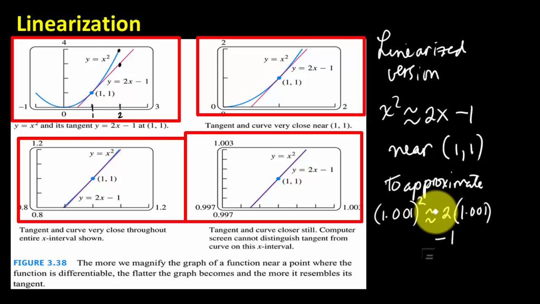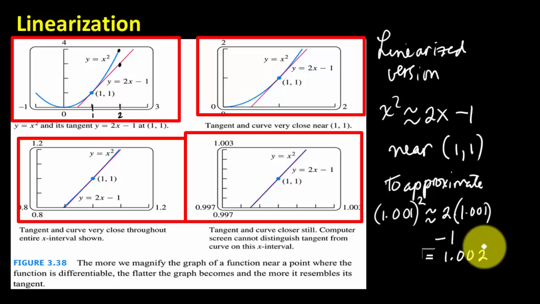And what is that? Okay, well, let's see. That's just 2.002 minus 1. That means it's just 1.002. Well, what do you think is 1.001 squared? Well, let's see.